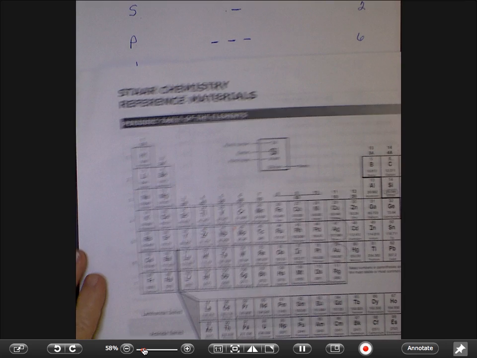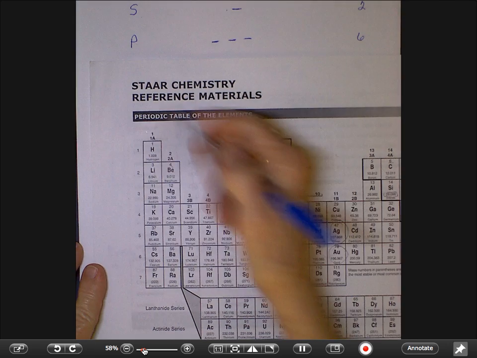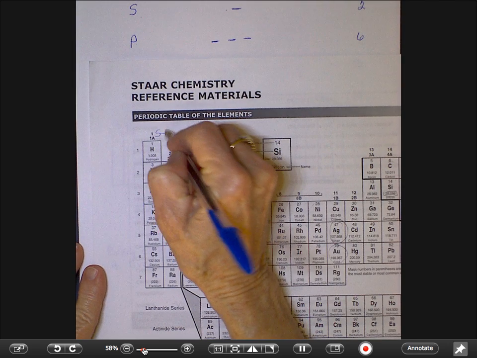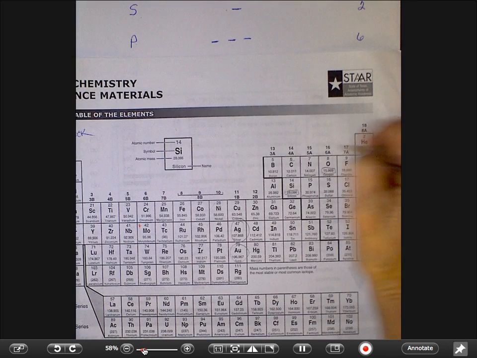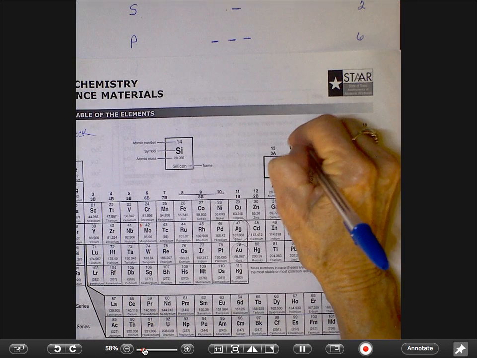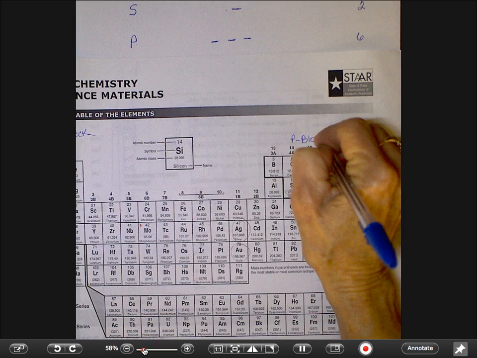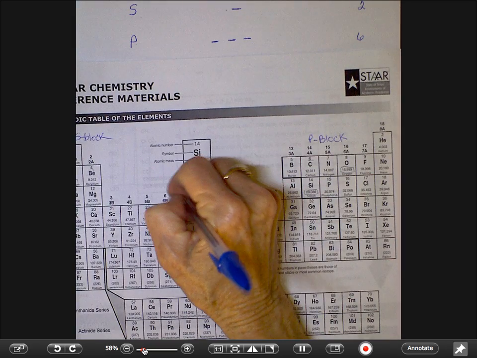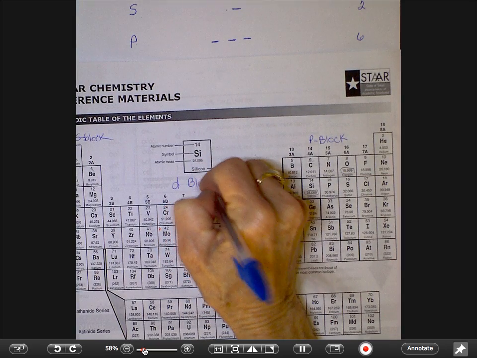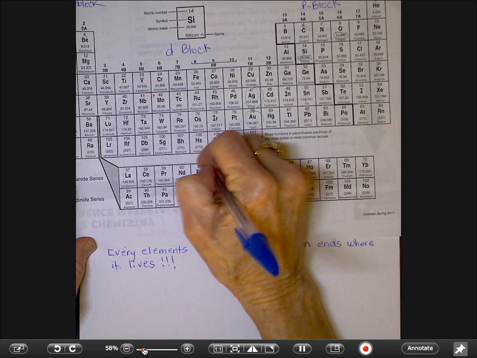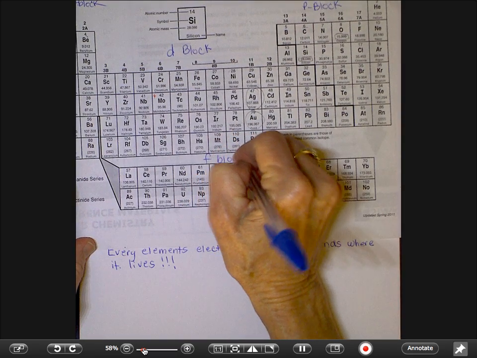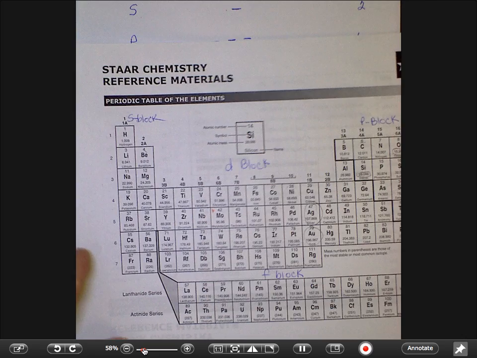All right. I want to look here. So these two columns are the what block? These six across here are the what block? This is my D block. And down here is my F block.